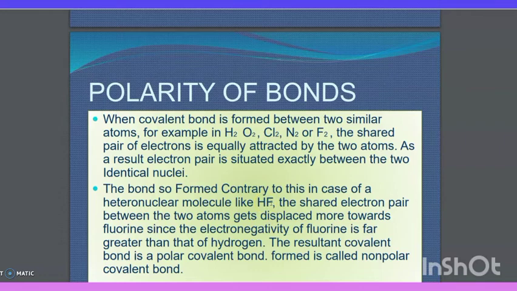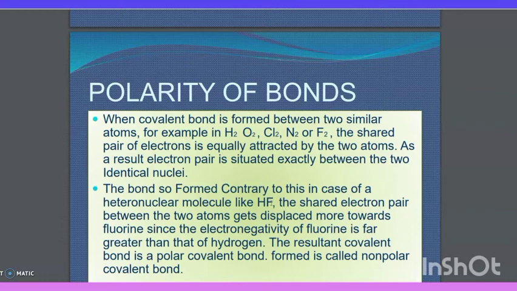By attracting this towards itself, a polarity will form. It is like partially giving and partially accepting. So the hydrogen will get a partial positive charge, and fluorine will get a partial negative charge. This is known as polarity.